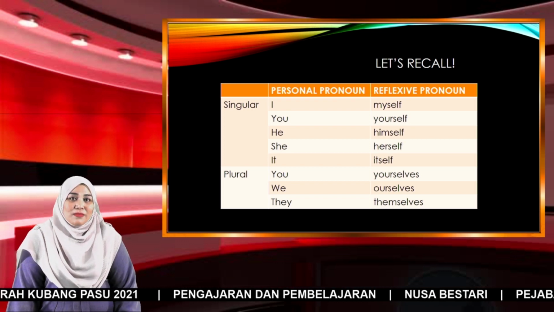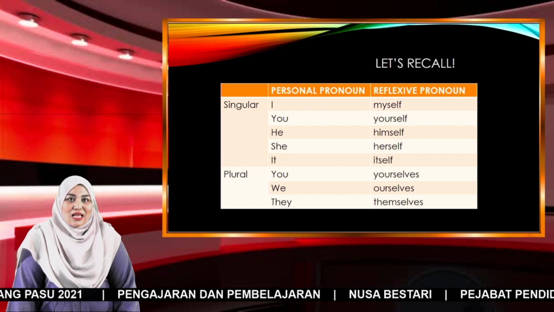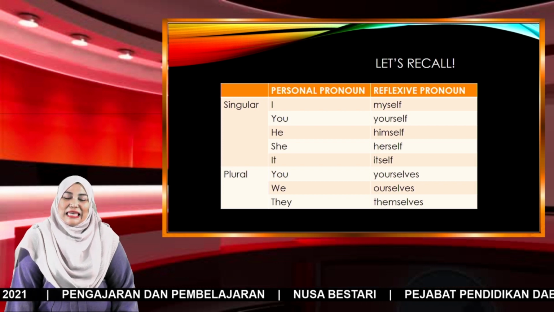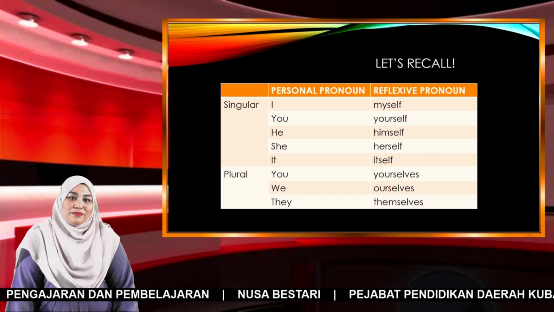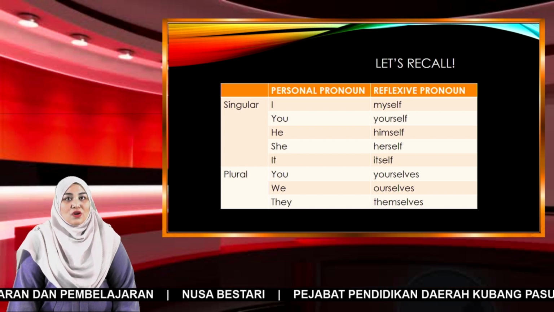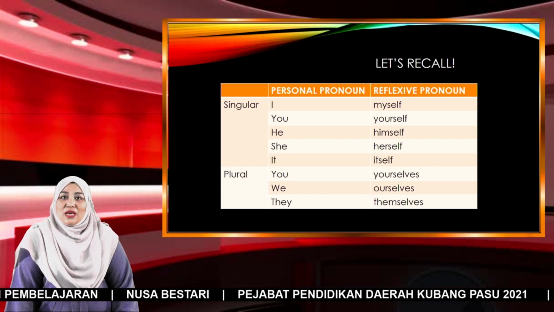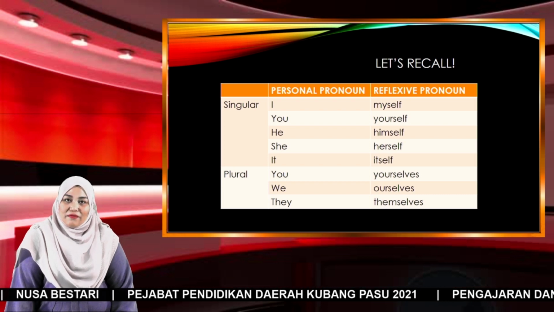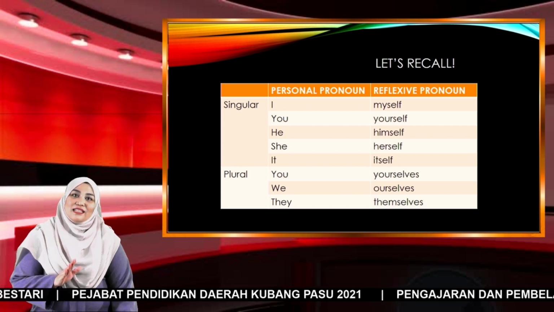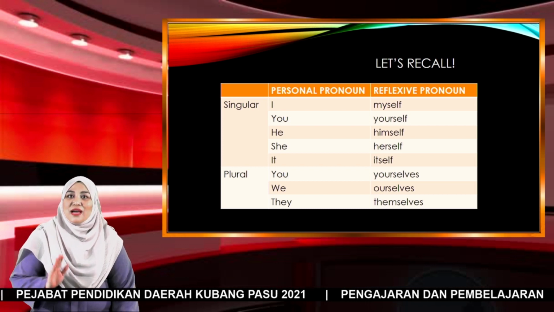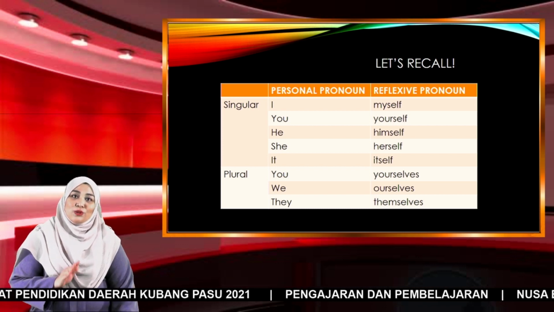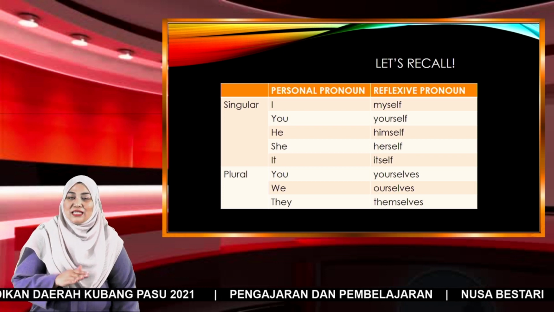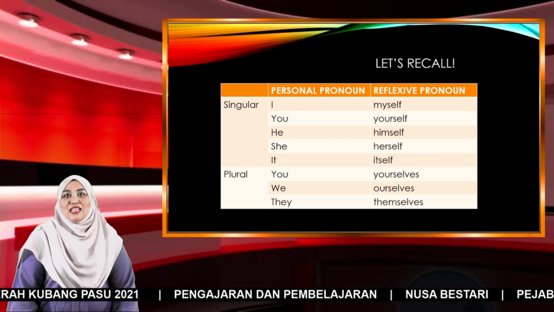He, himself. She, herself. It, itself. You, yourself. We, ourselves. They, themselves. This table is not changing. So you must memorize this, and it is good for you to know all the matches, and you can use it in your lesson.